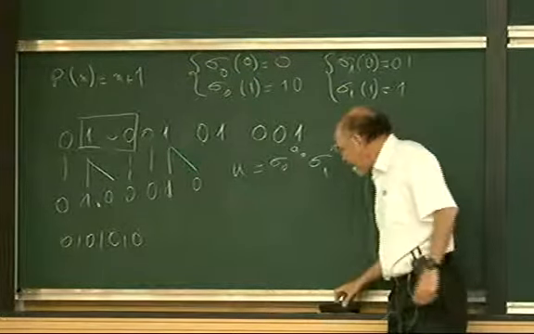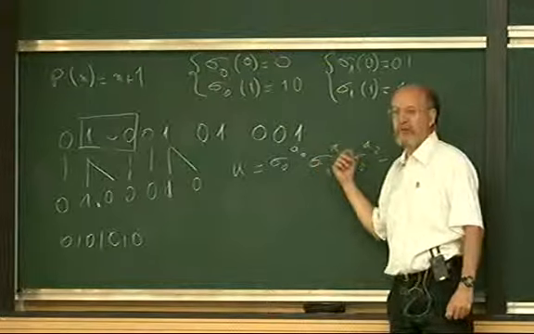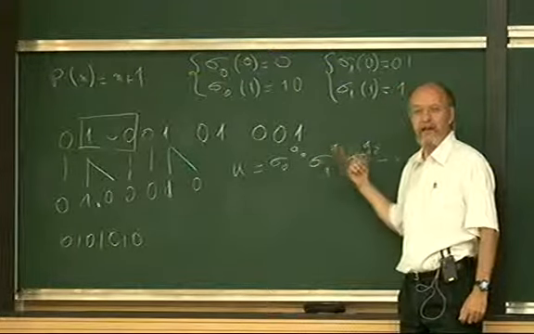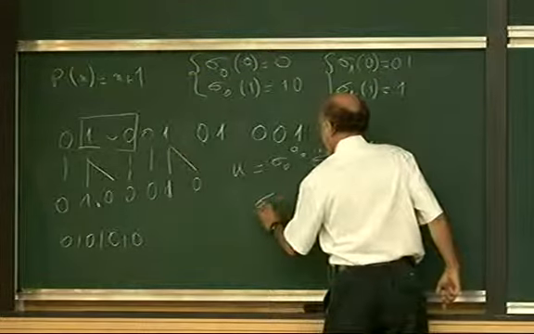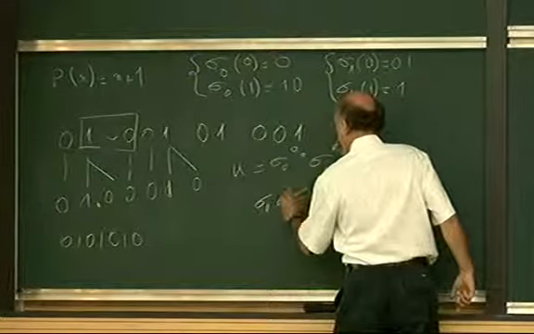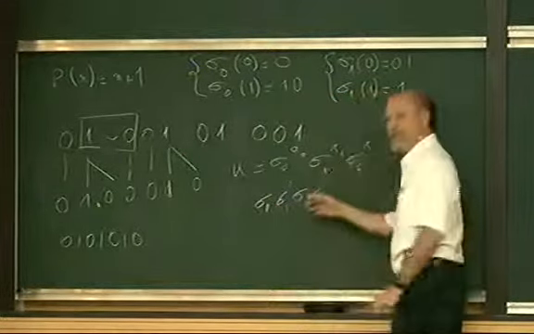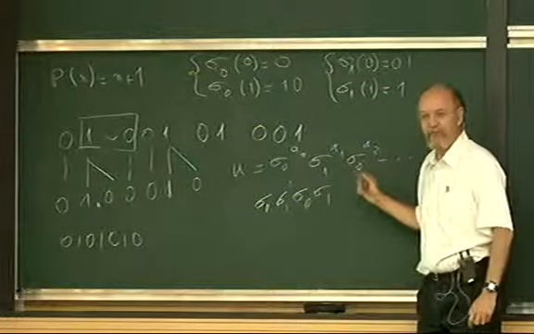And you have the especially nice case where this is periodic. For example, sigma 0, sigma 1, sigma 0, sigma 1, and so on, which is Fibonacci.